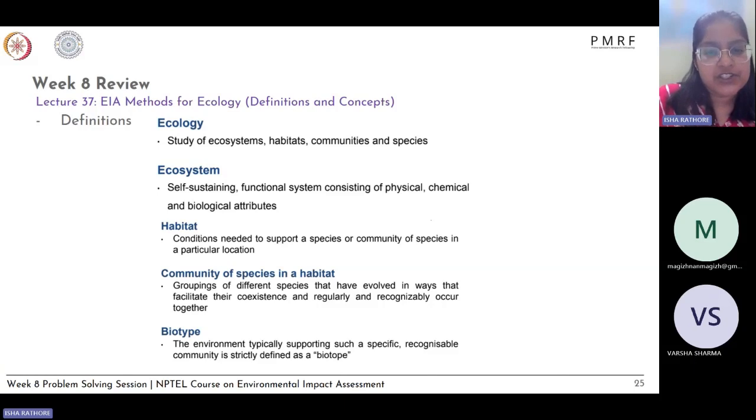The community of species in a habitat is the grouping of different species that have evolved in ways that facilitate their coexistence and regularly and recognizably occur together. Then the biotype is the environment typically supporting such a specific recognizable community, and it can also be defined as biotope. So biotype or biotope.